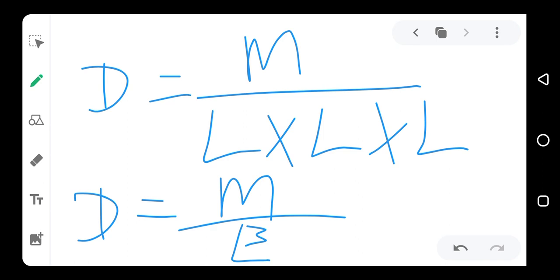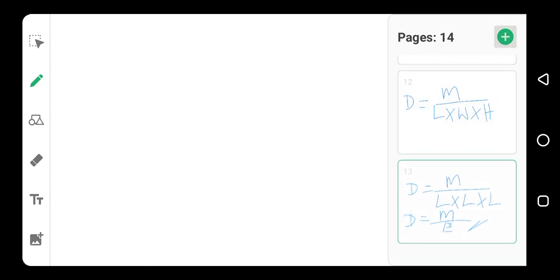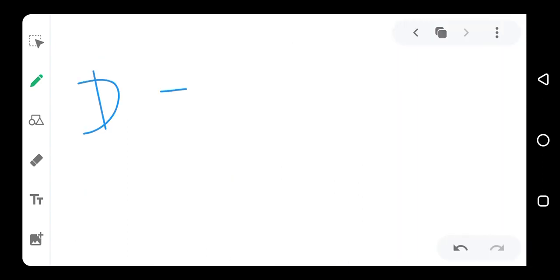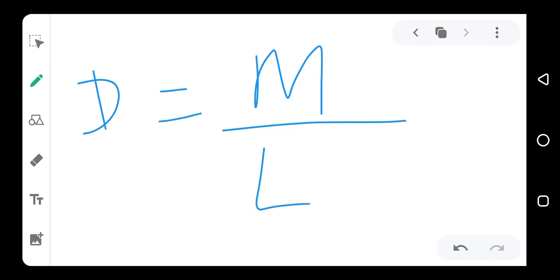This is the dimension of density. Let me write it clearly here, that D is equal to M, capital M, which is the dimension for mass, over L raised to power 3. This is the dimension for density.